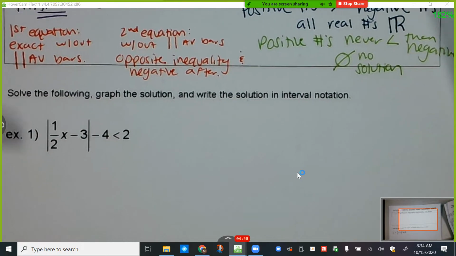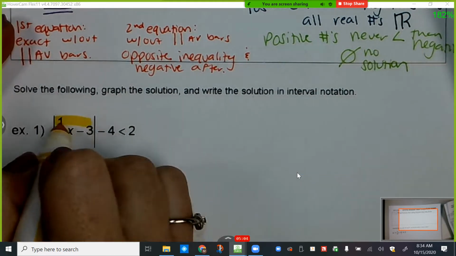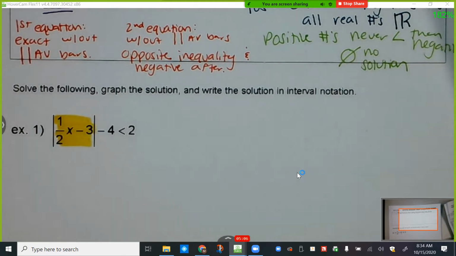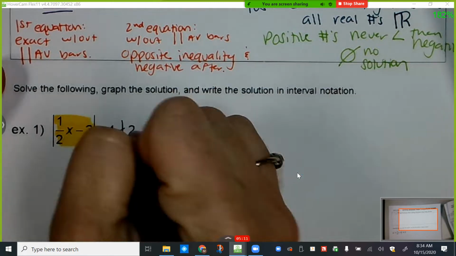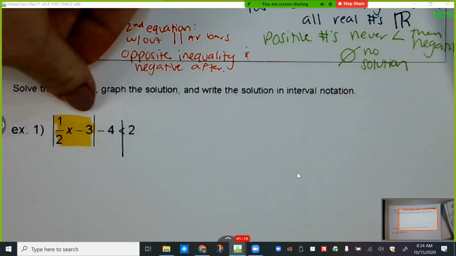So we have this. It says solve the following and graph. All the steps we learned yesterday we're still doing. Our first step was to make sure our absolute value is alone. Is ours alone on the left side of the inequality? No. What does it have with it? A -4.